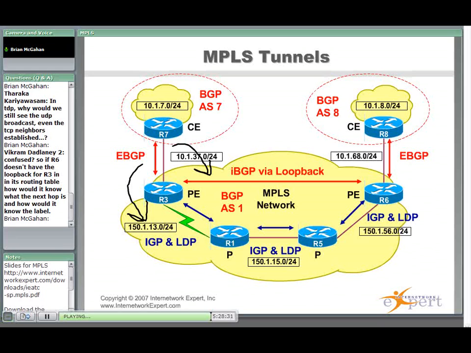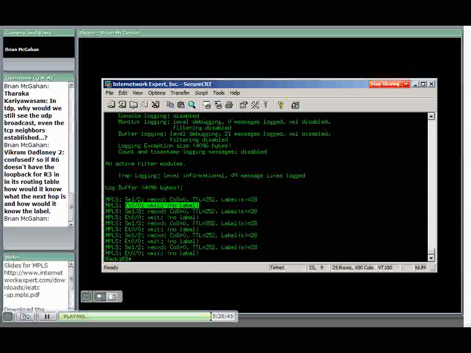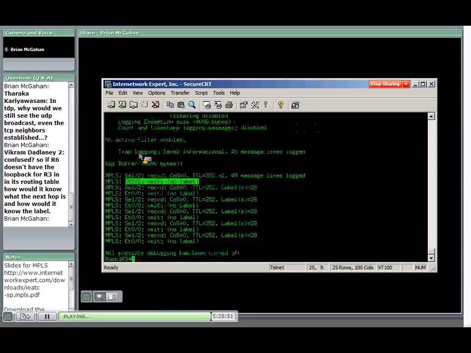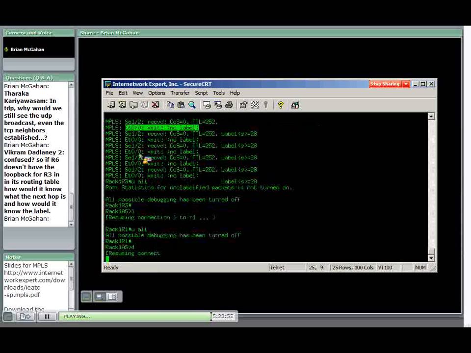But 150.1.6.6 is label switched because we're running IGP and LDP between these neighbors. So when router 3 receives it, it's going to take the IP version 4 packet and encapsulate it inside an MPLS header going towards the loopback of router 6.